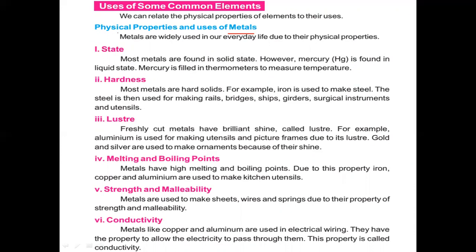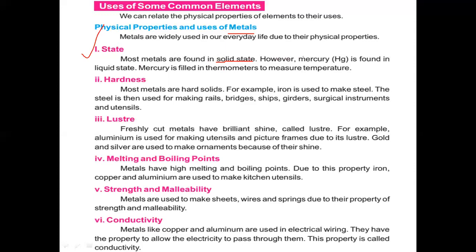Physical means how they behave and how they look. The first one is state. Most metals are found in a solid state. Mostly they are solids in nature.